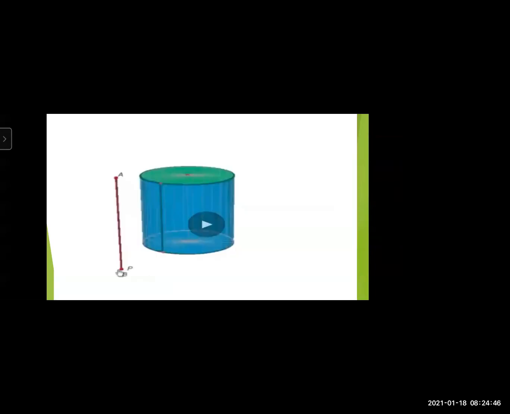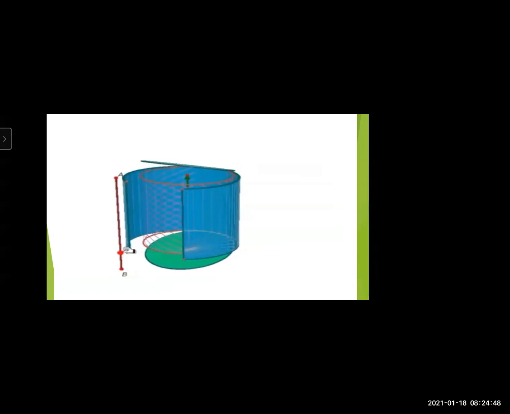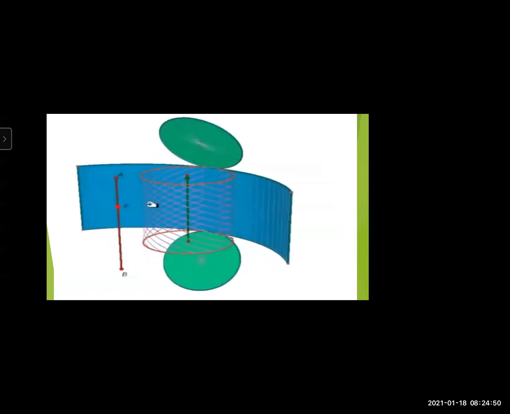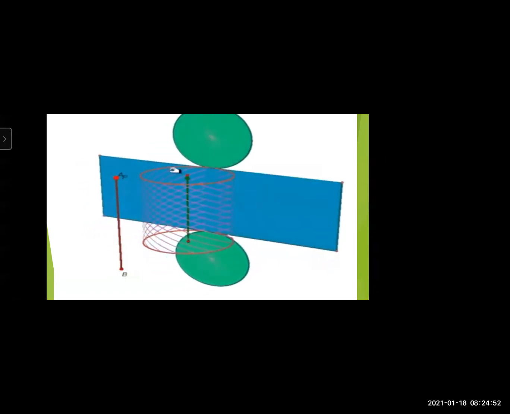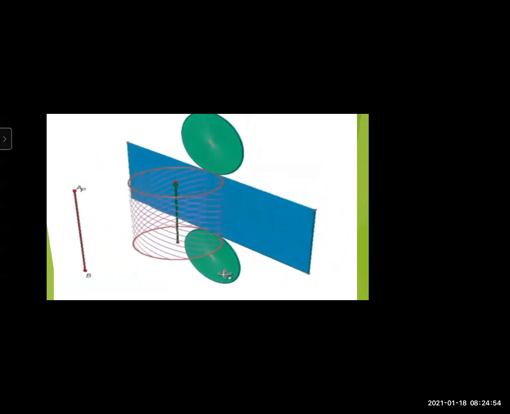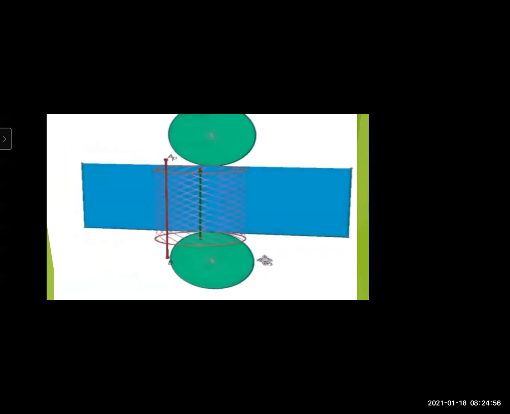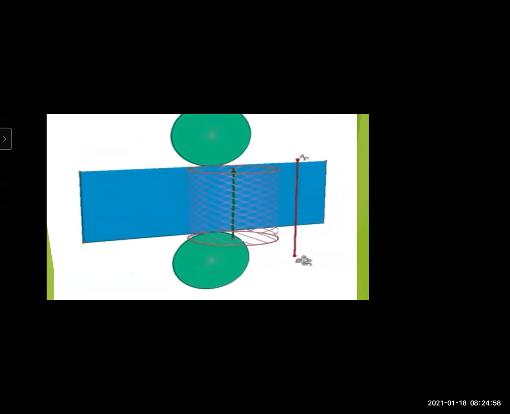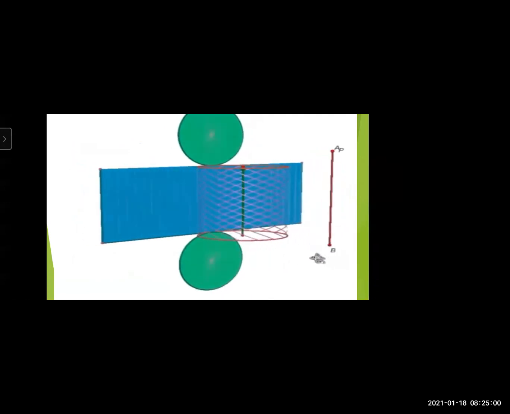Now here once again we will see. See, when the shape is open, it looks like this. So it has 2 circular edges, 1 curved face and 2 circular faces.